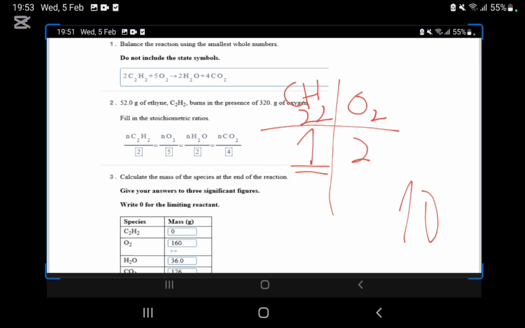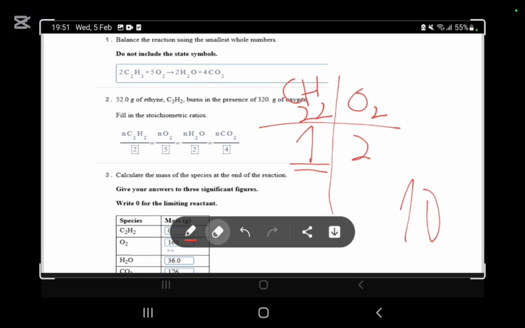Wait, let me check some. Oh wait, my bad. Since here we're using the limiting reagent, which is 1, what we're gonna do is 32 times 5. So what I'm trying to do is using 1 as the coefficient, as the mole per coefficient. So here, since the coefficient is 5, that means the moles of oxygen is 5. So we're gonna do 5 times 32, which is 160.